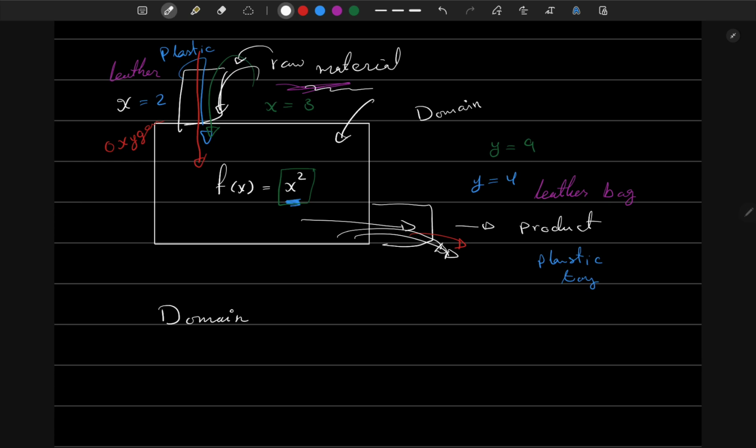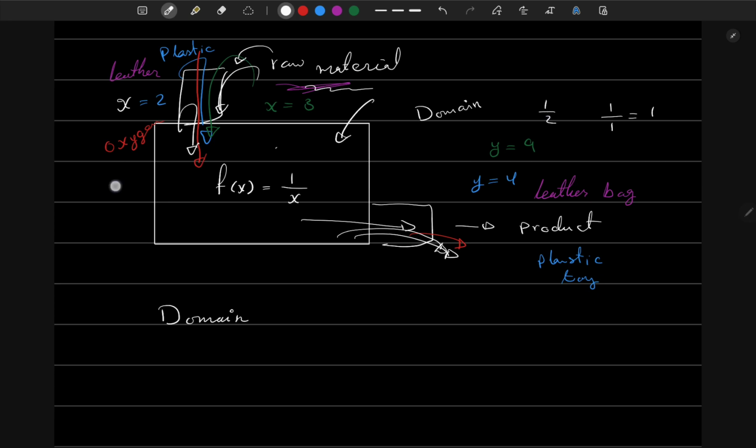And that goes for functions. If I use a different function, let's say that f of x equals 1 over x, there are certain values of x that I can put in this function to get a result. If I put x equals 1, then I'm going to get y equals 1 over 1, which is 1. If I put x equals 2, then I will get 1 over 2.